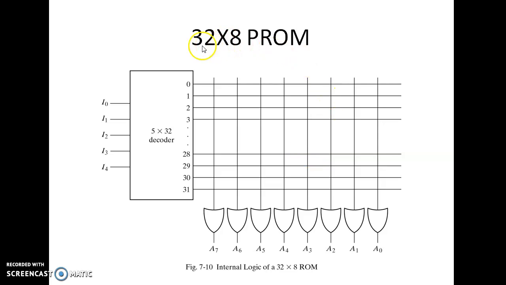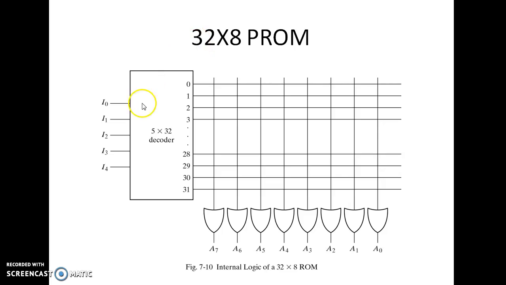Then, for example, what would be the internal architecture of a 32 cross 8 PROM? So this can be represented as 2 power 5 cross 8. In the first stage, the PROM consists of a decoder.